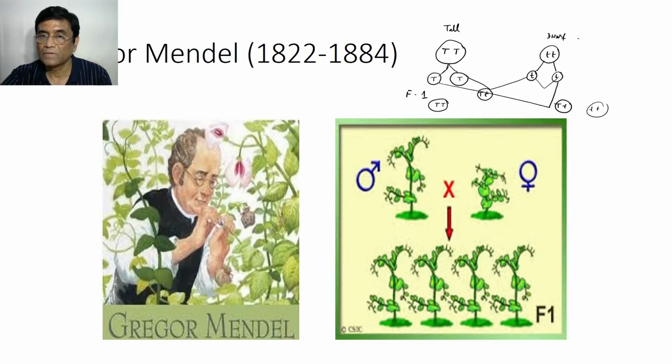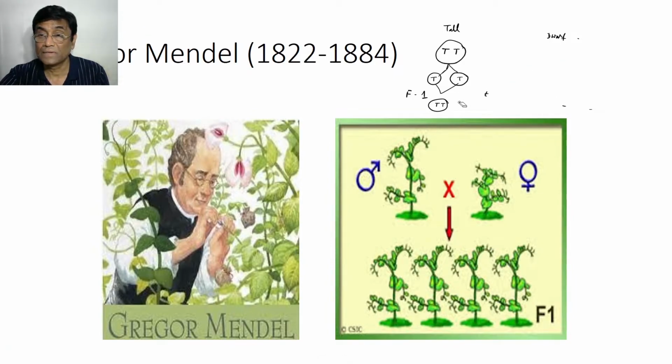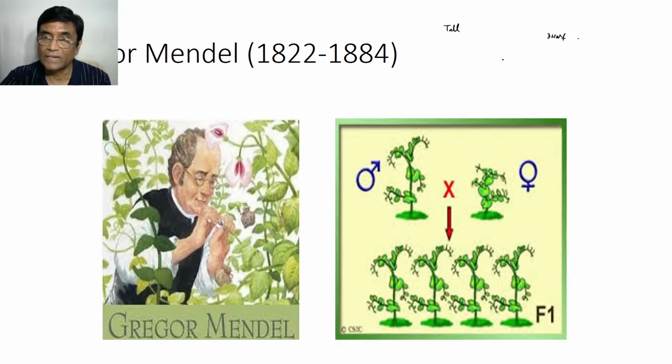Okay, pollination is taking place between them. So this was his observation, and he experimented on it, and he observed that in the first generation, when cross pollination took place between tall and dwarf, all were tall, and he immediately concluded that tall character is the dominant character and dwarf character is the recessive character.